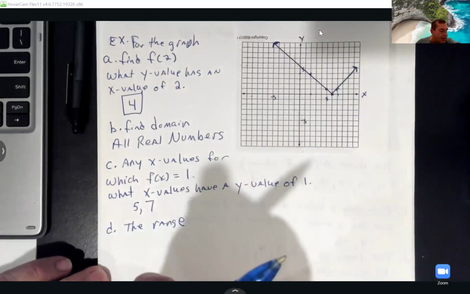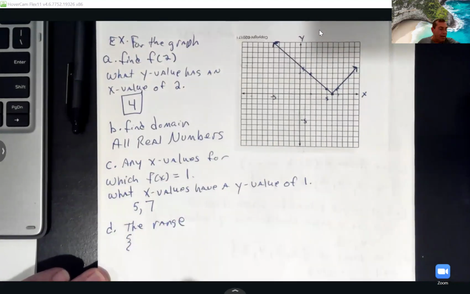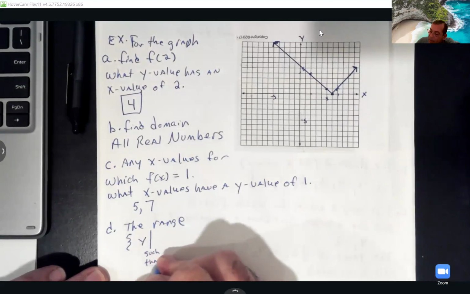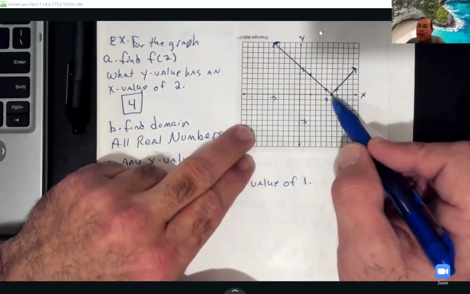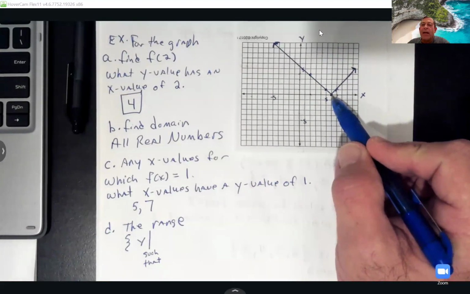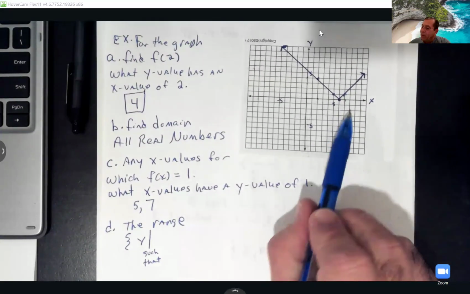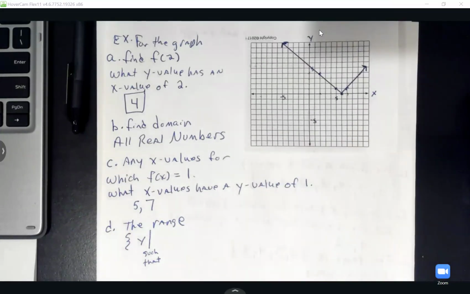So when you got something like that, the range will be the y values such that, so that means such that that bar. So it's going to be the y values. Now, what do I know about these y values? What's the lowest y value that I have, y'all? If you're sitting on that x-axis, what's your y value? 0. 0.